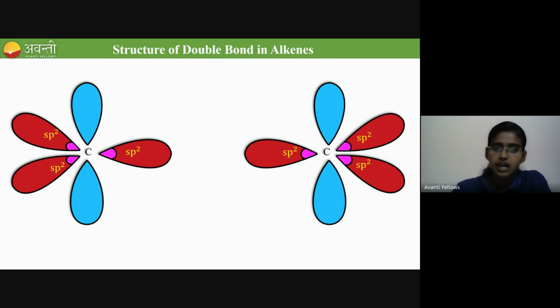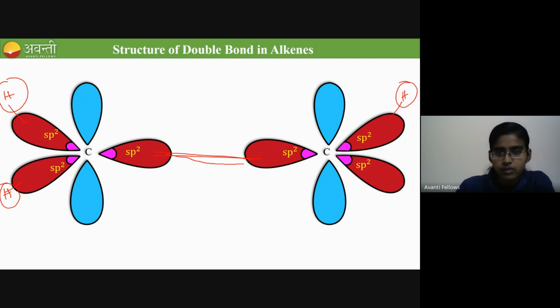Now, the hybridized orbitals are going to form the sigma bonds. How many sigma bonds will form? This will form the bond, and this will form the bond with hydrogen, and this will form the bond with hydrogen. In the same way, the second carbon also will form bonds with hydrogen. So C2H4, right? These are the sigma bonds.